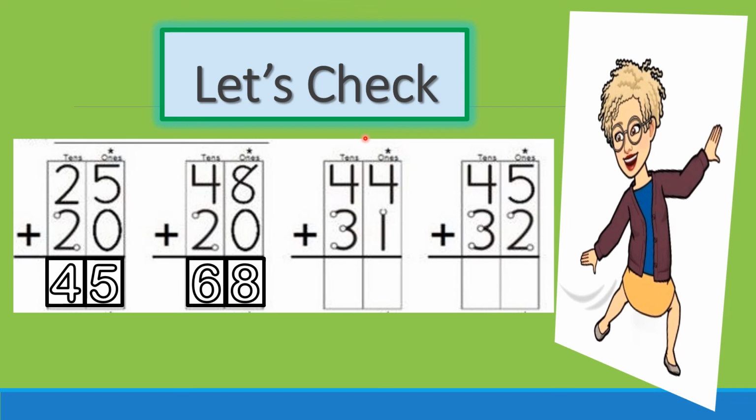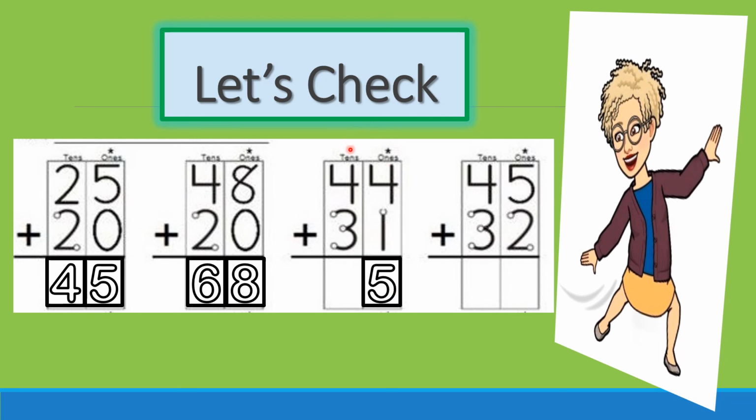Do you remember where to begin here? If you said add the ones place, give yourself a big juicy kiss because you're absolutely right. We're going to use the count on method. Are you ready, super counters? 4, 5. So the sum here is 5, of course.